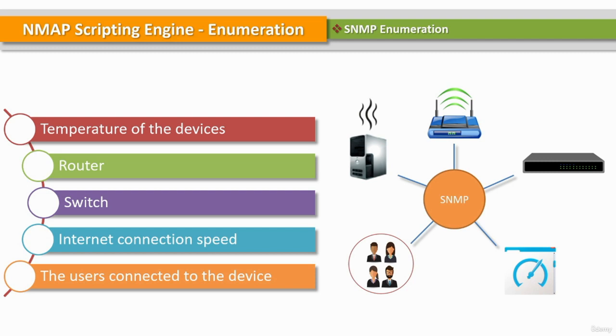Agents are embedded on every network device, and the manager is installed on a separate computer. Attackers enumerate SNMP to extract information about network resources such as hosts, routers, devices, shares, and all that, as well as network information such as ARP tables, routing tables, traffic, just about everything you can think of.